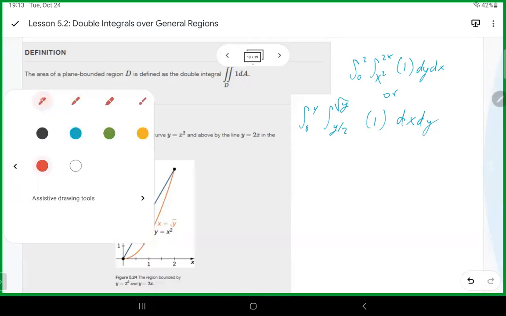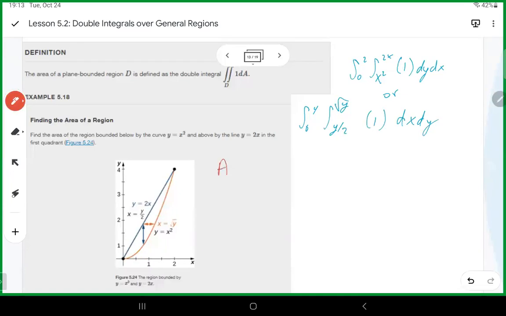So the area should equal the double integral over the region D of dx dy, which is 0 to 2, x squared to 2x, 1 dy dx.